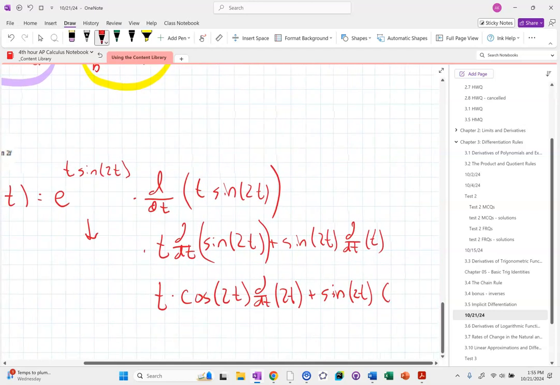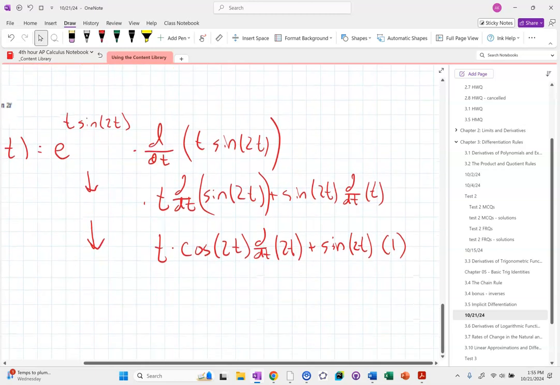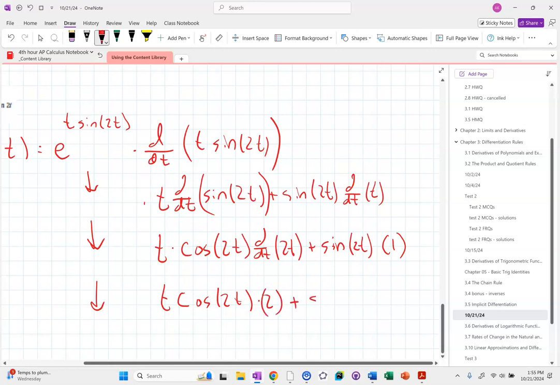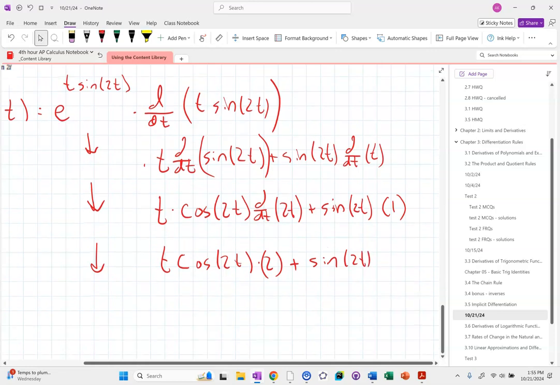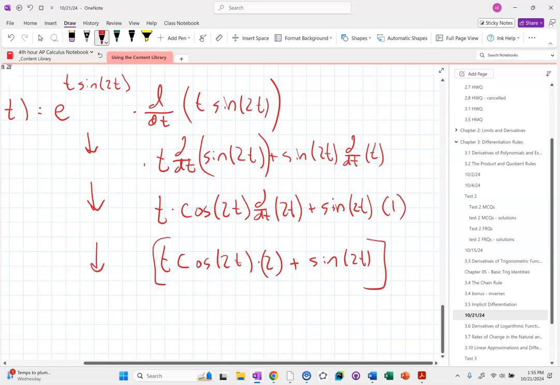And the derivative of t was 1. So I should probably have a bracket here.